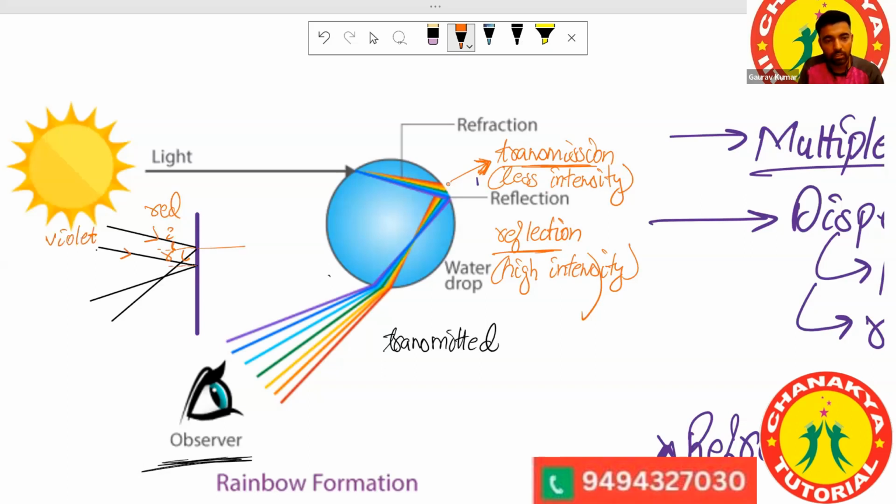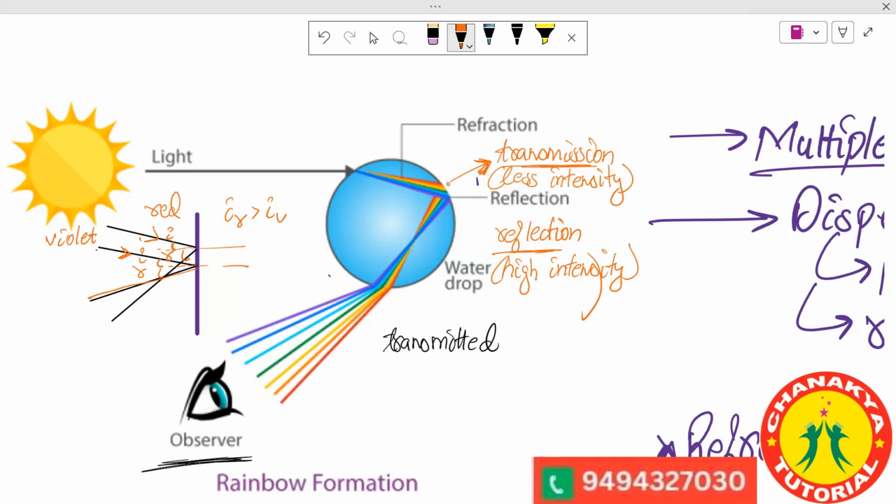It also has some normal, it has I equal to R. So with this kind of reflection, what is happening? The red has higher I: I of red is greater than I of violet. That's why this ray is broadening. It is going a little away. Whereas the violet line is incident like this and it gets reflected at a smaller angle only. That's why these rays are intersecting each other.